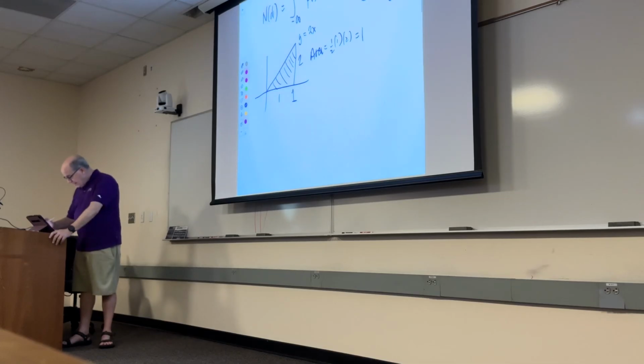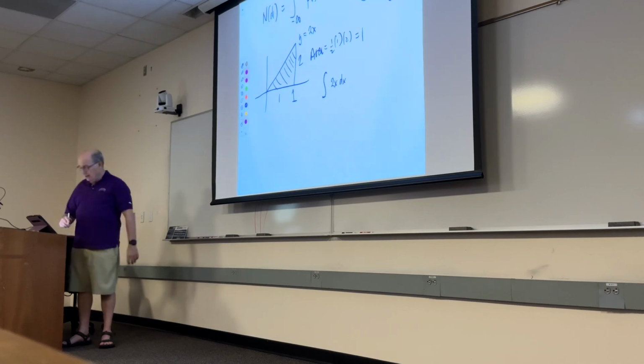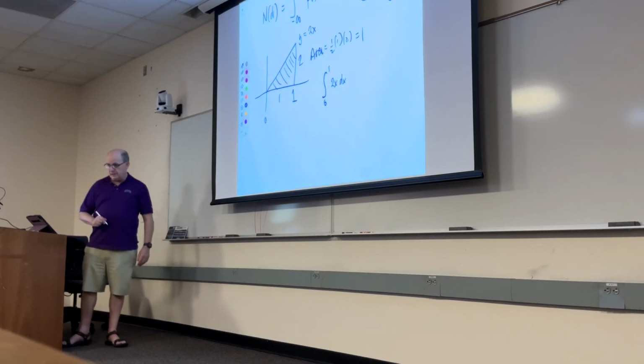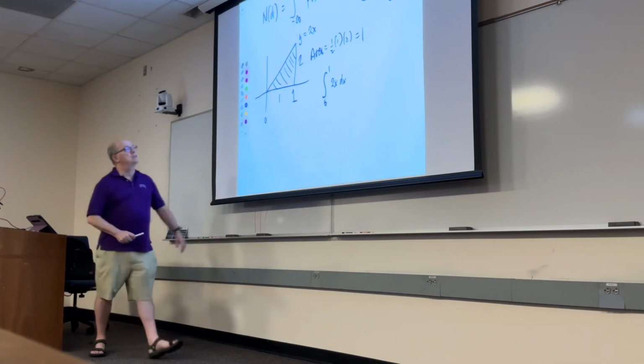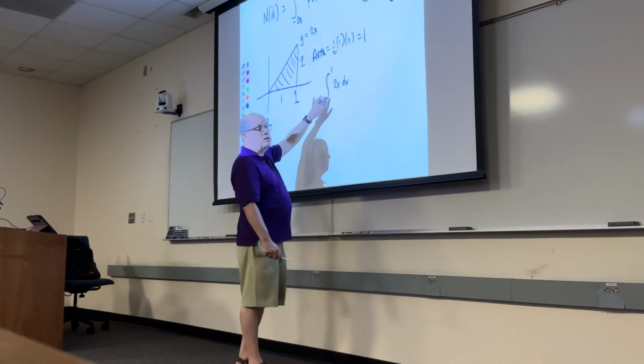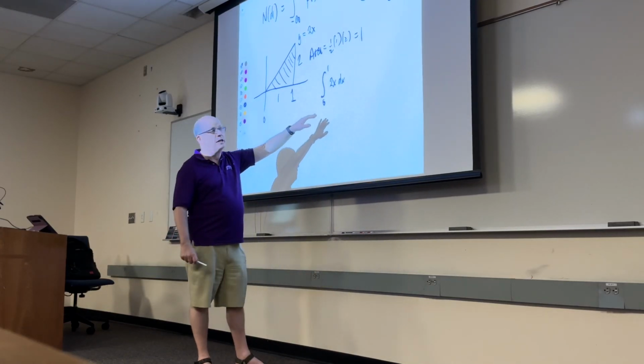And then this is done by calculus. You take the integral of the function 2x dx, going from 0 on the x-axis until 1 on the x-axis. The integral sign means area under the curve in this context.